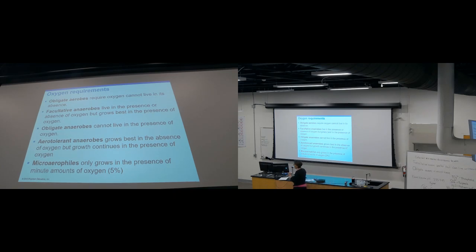Facultative anaerobes prefer oxygen, but can live without oxygen. They grow best in the presence of oxygen. Obligate anaerobes cannot live in the presence of oxygen. We will see some examples of each of these groups.